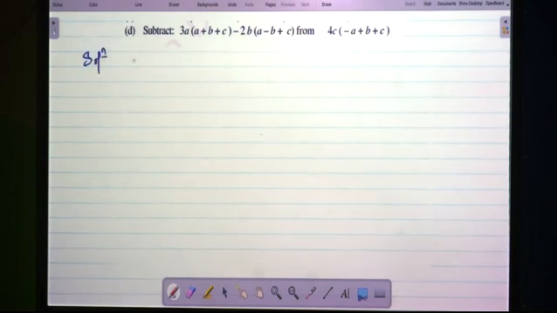The solution: subtract 3a(a plus b plus c) minus 2b(a minus b plus c).